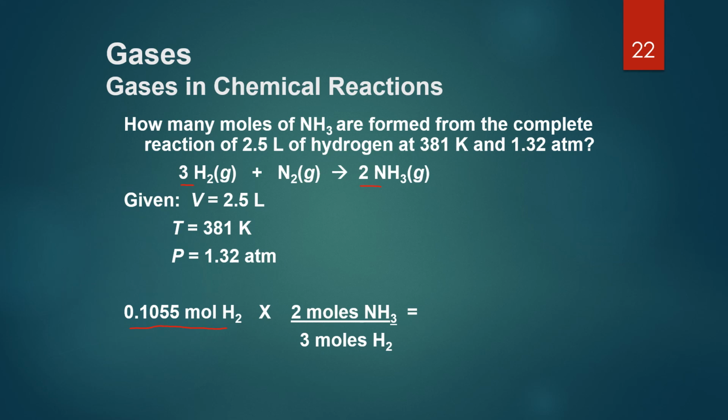I put the 3 on the bottom so that moles of H2 and moles of H2 cancel, and then I put the 2 on the top because that represents my moles of NH3. Calculating that out, I get 0.070 moles of NH3.